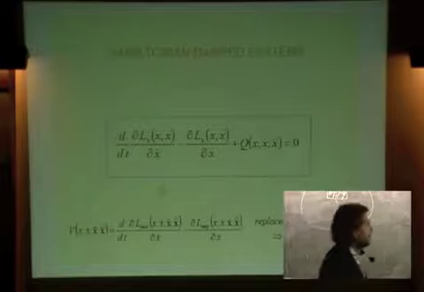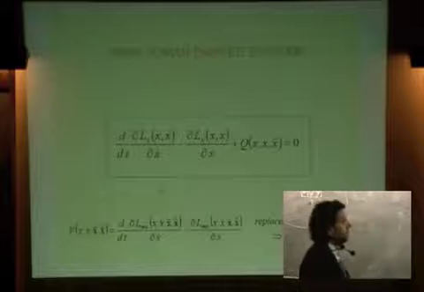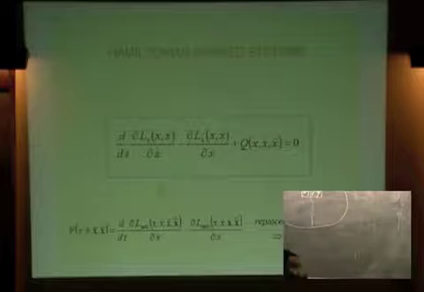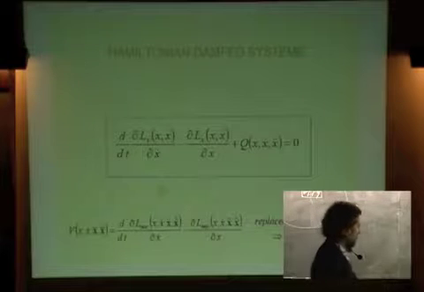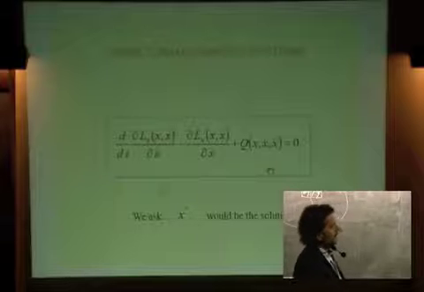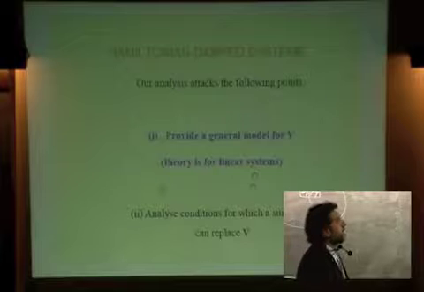We want to replace this complex expression with something that can be expressed only in terms of the master variable, that is, the coordinates of the variable that we are observing. And of course we ask that x star be the solution of this equation.